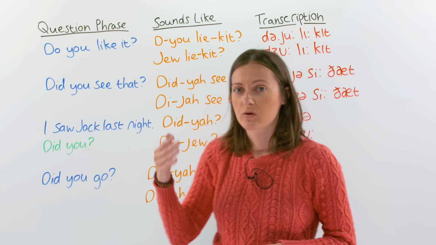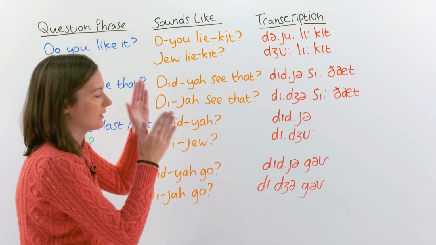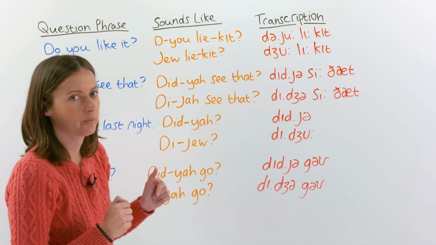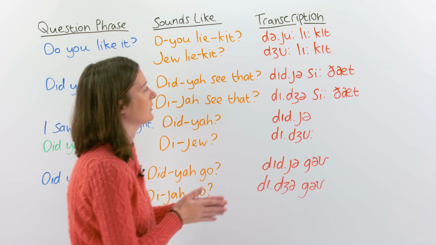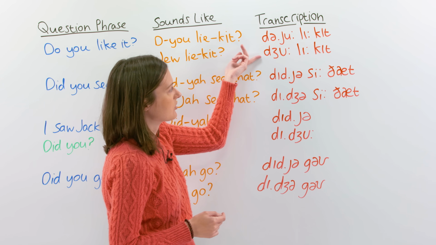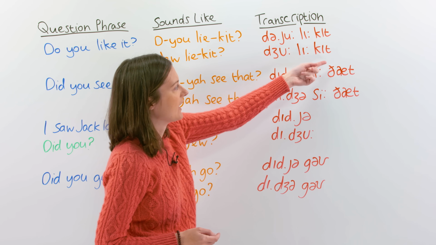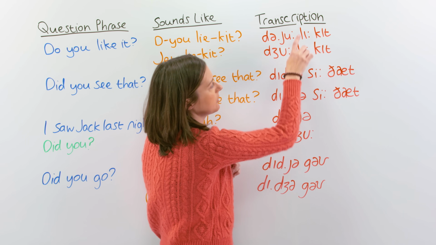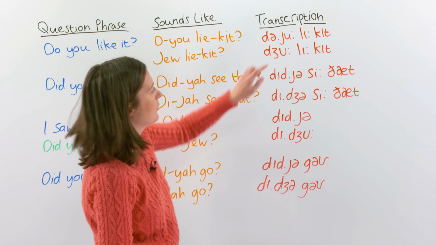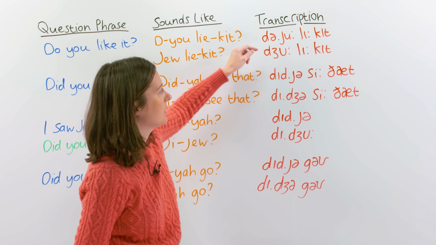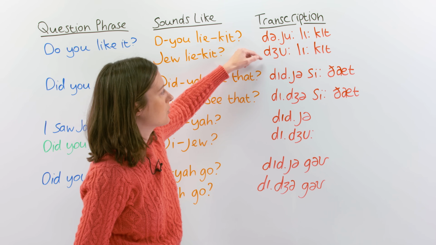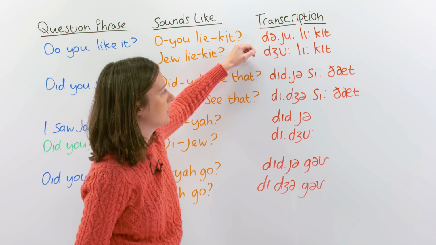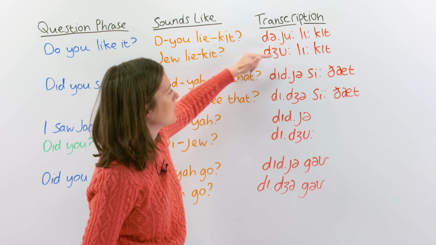So I suggest you watch this video a few times so that you can start to hear the difference between very similar pronunciations. Here's the transcription. Do you like it? The same thing is happening here in the two examples. Like it, but the first part is different. Do you? Do. Do you like it?